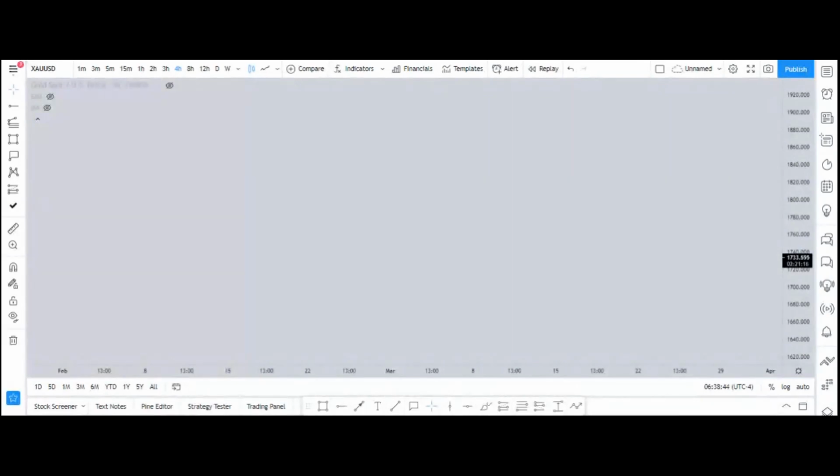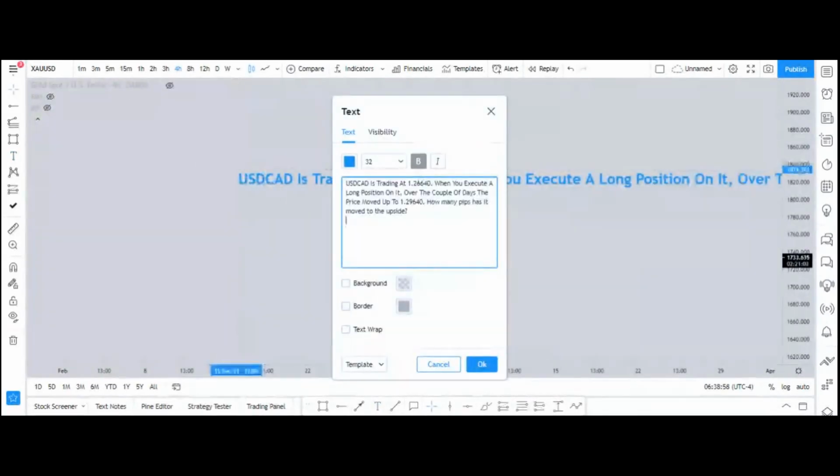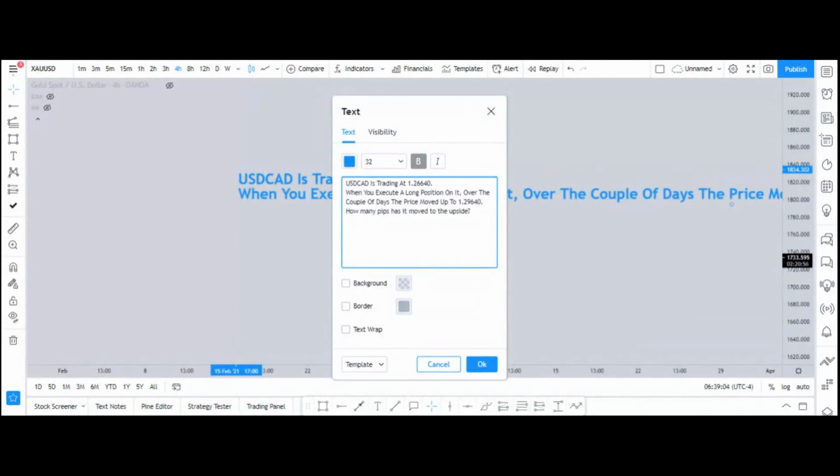So we said USD card is trading at 1.6. Okay, let me just put the question on the screen. Okay, so this is the question right here.